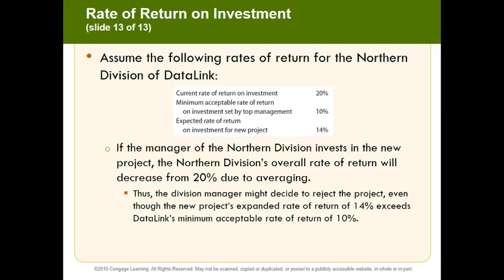If the manager in the Northern Division invests in the new project, the Northern Division's overall rate of return will decrease from 20% because of averaging. So the division manager might decide to reject the project, even though the new project's expanded rate of return of 14% exceeds the minimum acceptable rate of return of 10%.